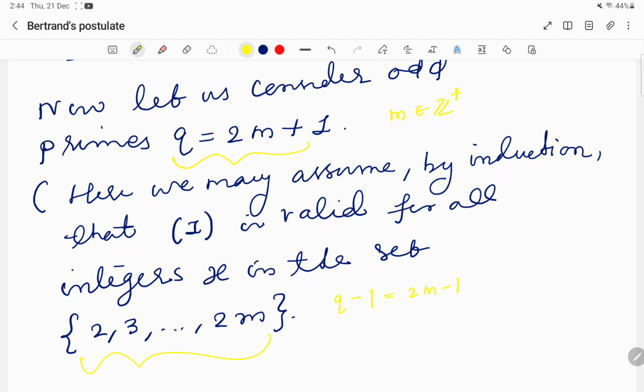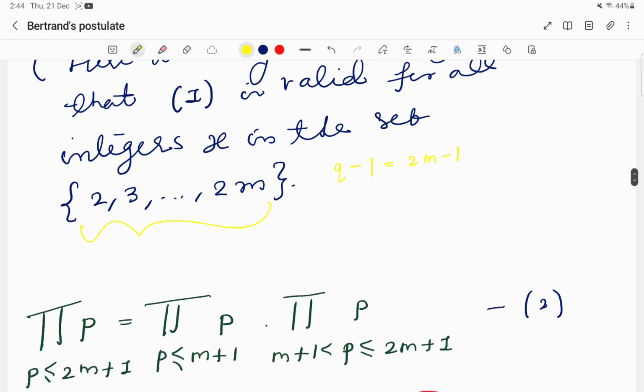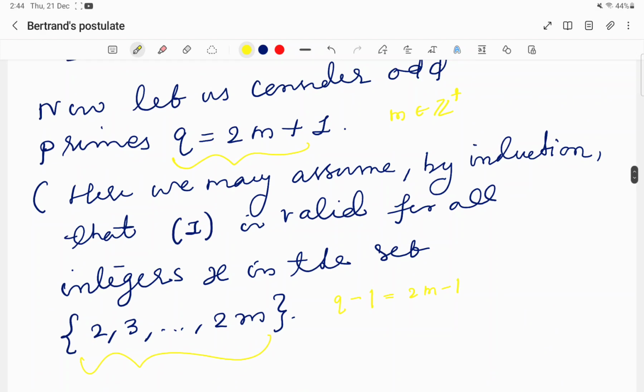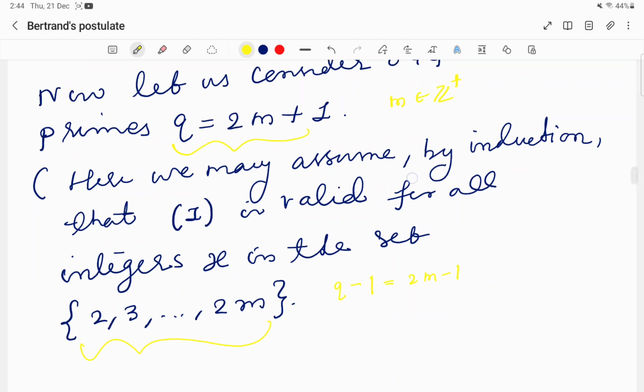So it has to be true for integers just less than q.